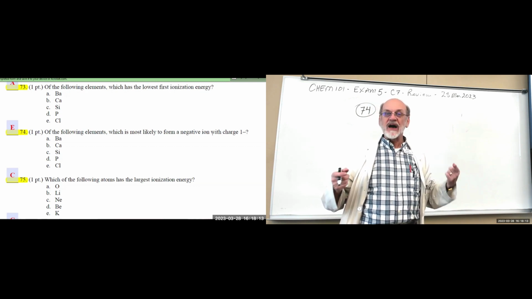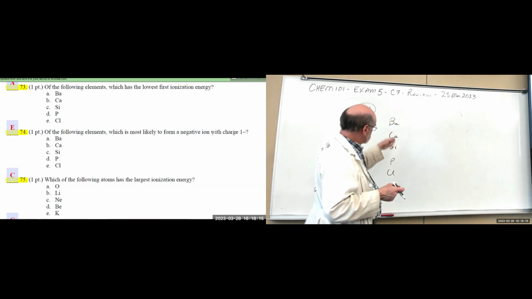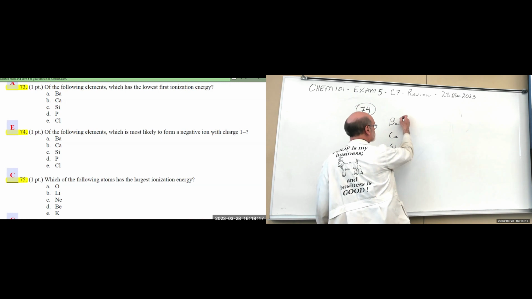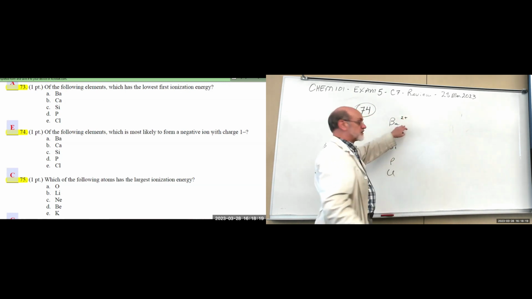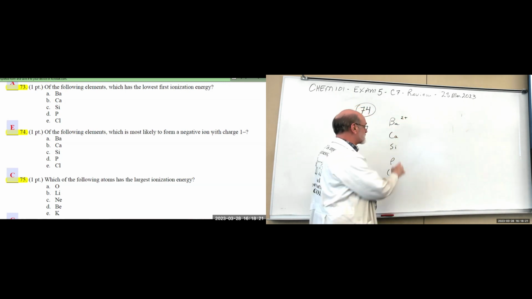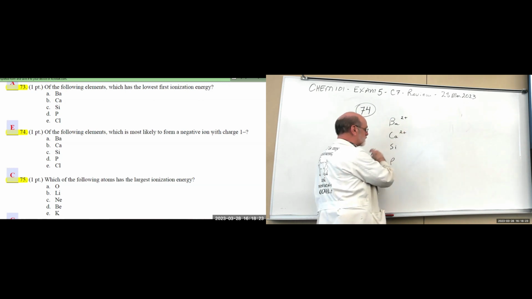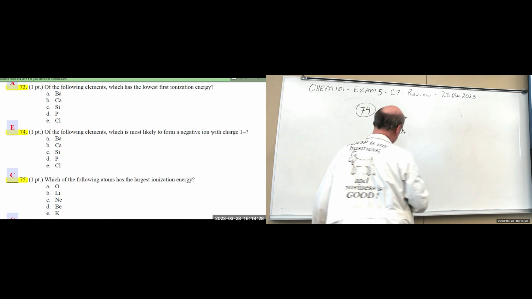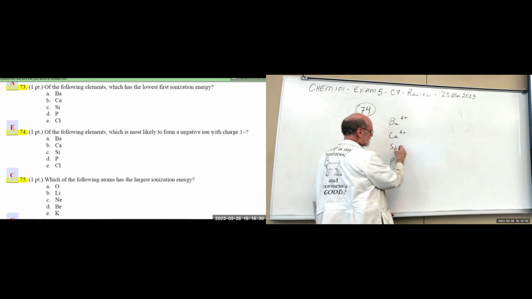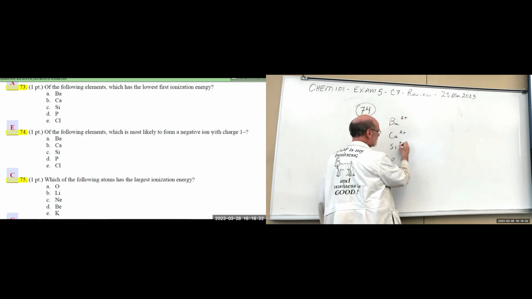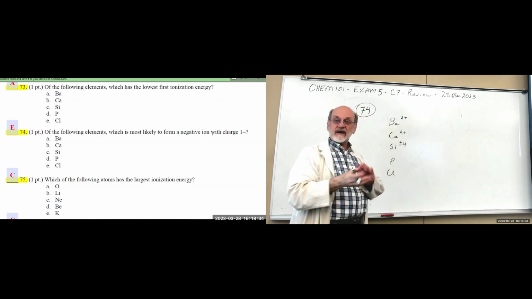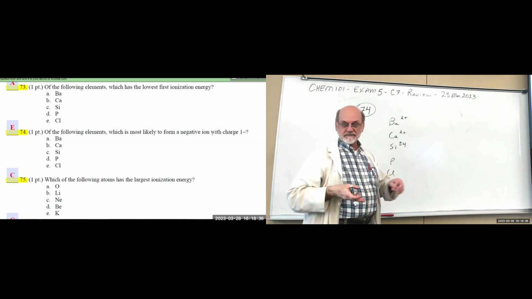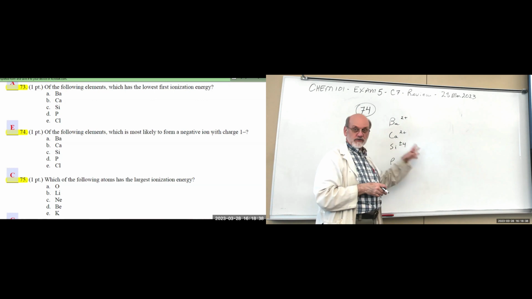So those become positives. Barium is on the left-hand side. It loses 2 electrons, so it gets 2 positives. Calcium's the same way. Loses 2. How about silicon? Well, silicon's funny. Silicon could either be a plus or a -4 depending on its environment. Right? It can either add 4 or lose 4.